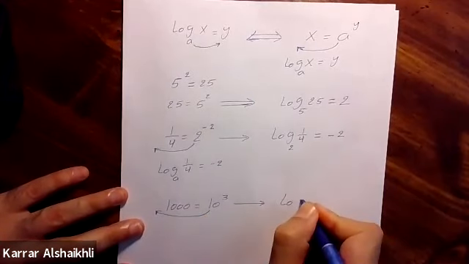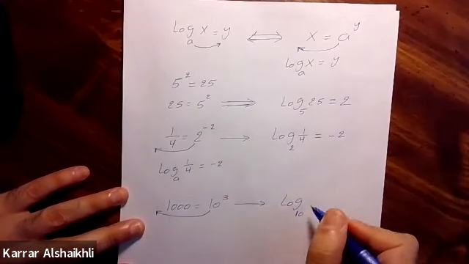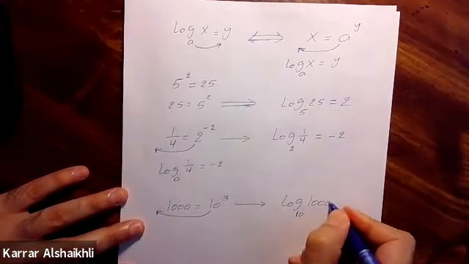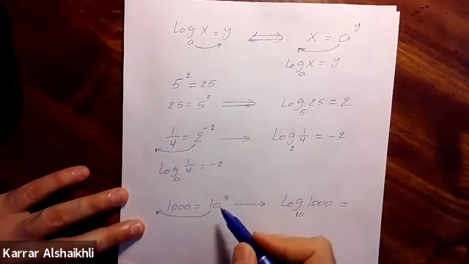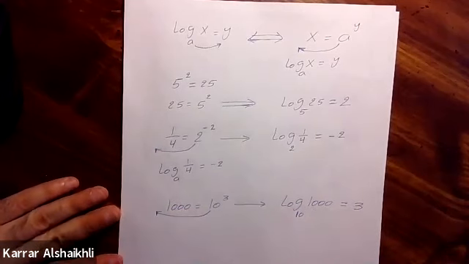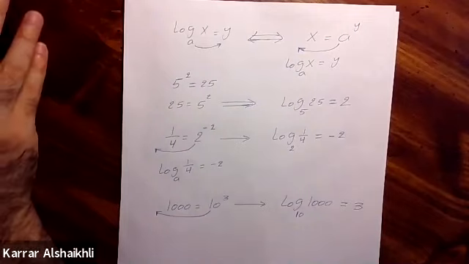I'm going to write down log. The base is 10. And I'm going to write down the x, which is the 1,000, equal the leftover on the right side, which is just 3. That's how we're going to convert from the exponential form to the log form.